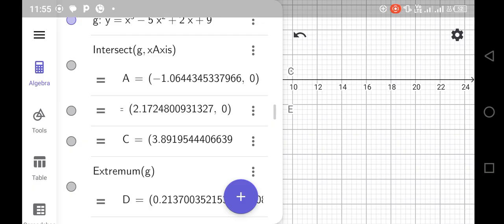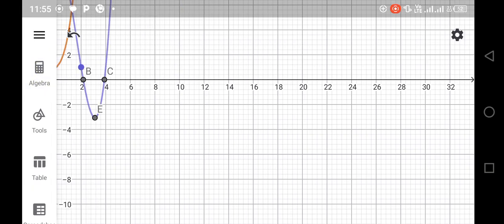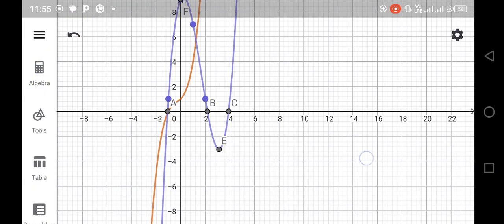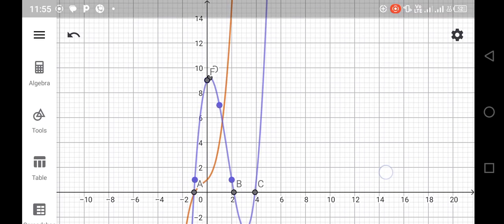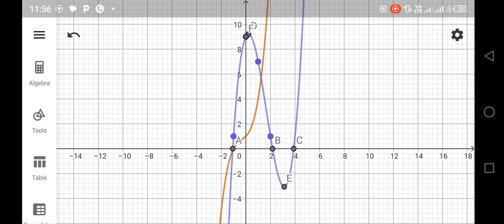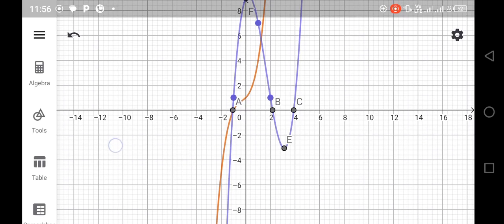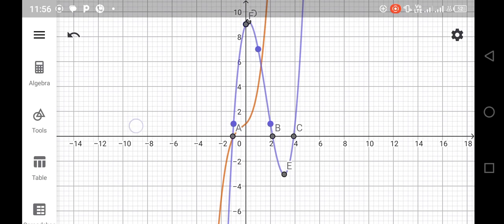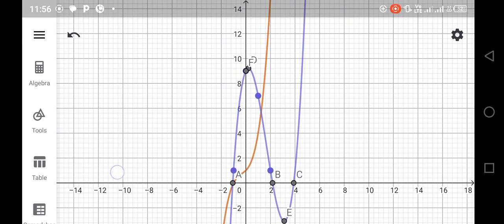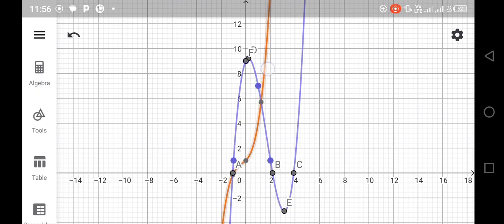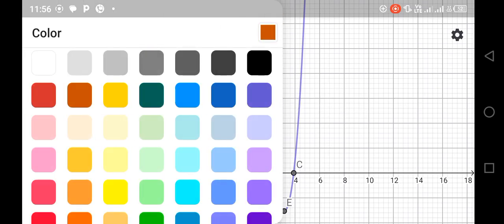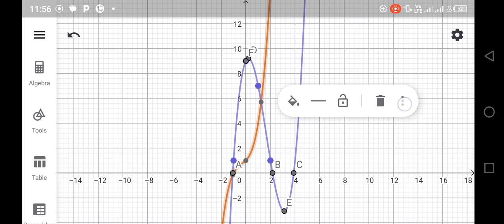Now let's go and plot our graph. So that's our graph. The graph in blue is the graph that we have plotted, and the graph in yellow, let us remove it.